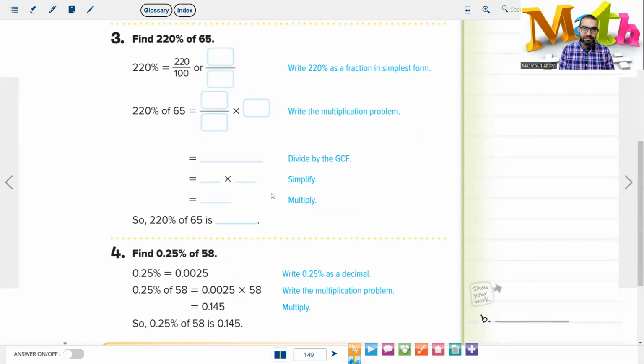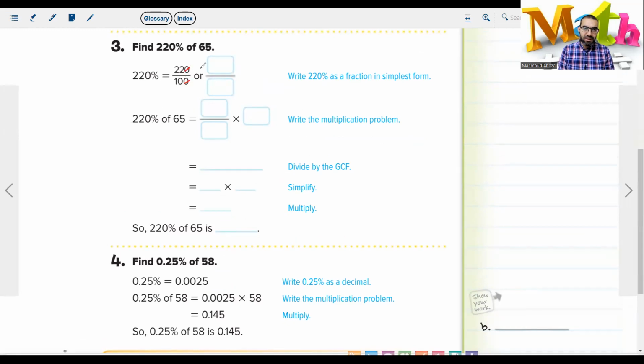Example 3. 220% of 65. 220% is like 220 over 100. We can cancel 10 up with 10 down, and we can divide by 2 up and down. This gives you 11 over 5. So 220% of 65 is like 11 over 5 multiplied by 65.